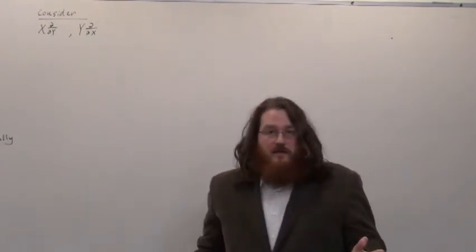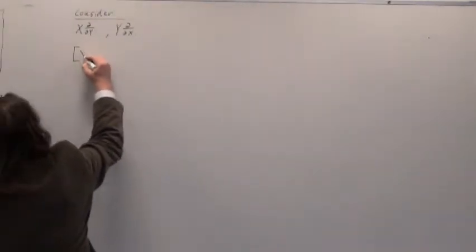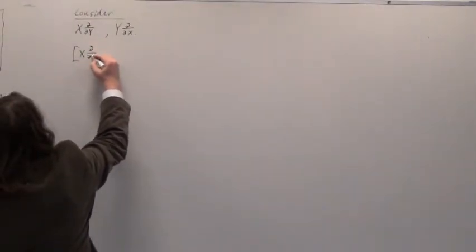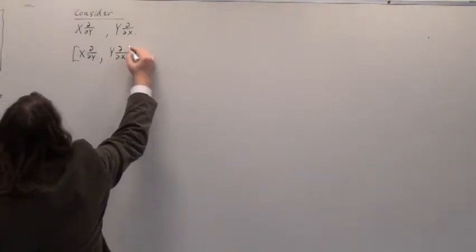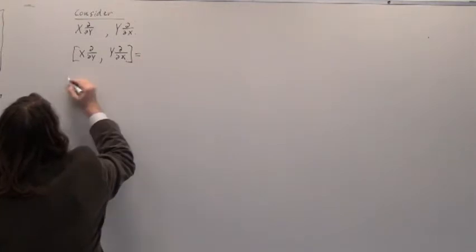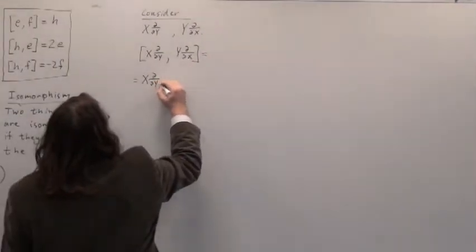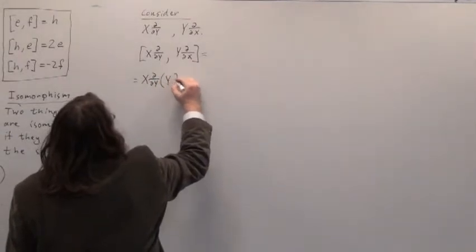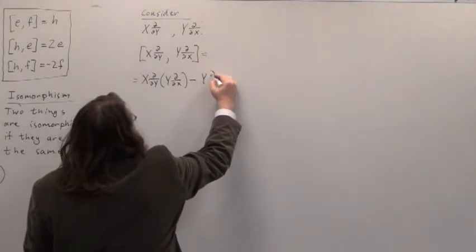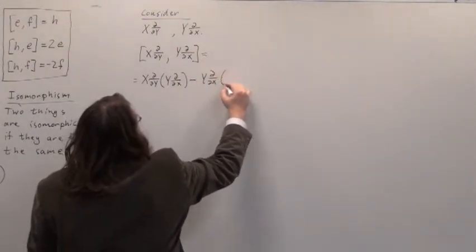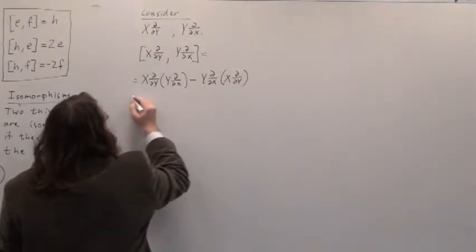Let's look at the commutator, the Lie bracket. It is x times the derivative with respect to y acting on y times the derivative with respect to x, minus y times the derivative with respect to x acting on x times the derivative with respect to y.